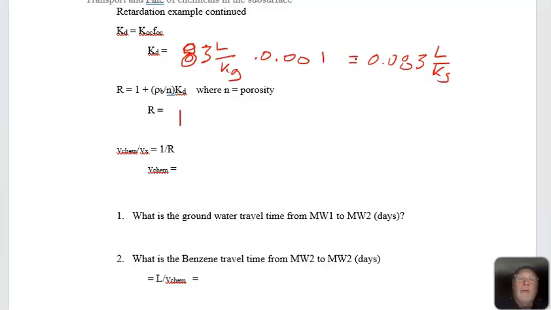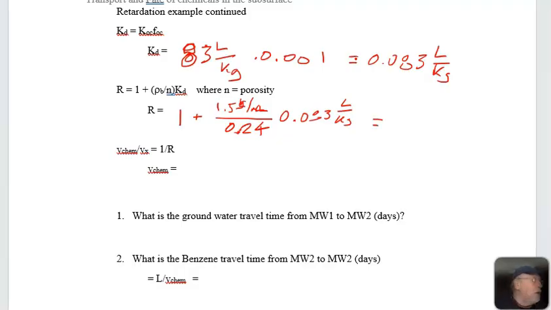The retardation factor is 1 plus the bulk density over the porosity times the KD. The bulk density is 1.5 grams per milliliter or kilograms per liter, over the porosity of 0.24, times the KD, 0.083 liters per kilogram. Again, this is the same thing as kilograms per liter.